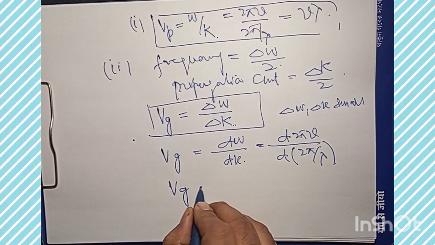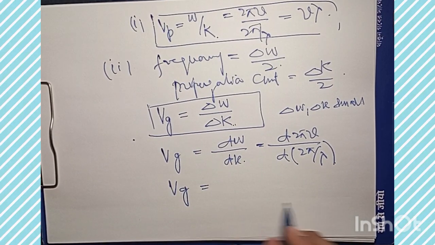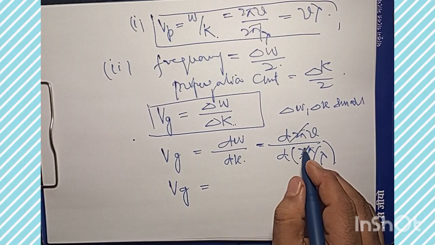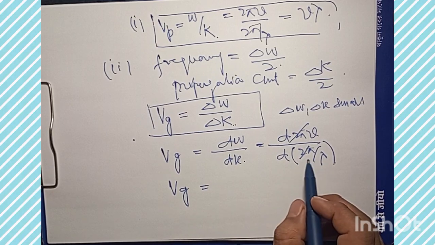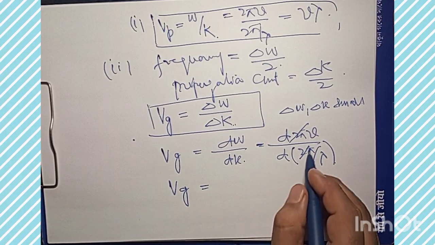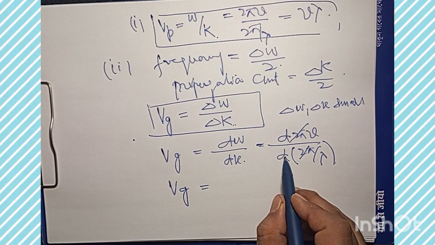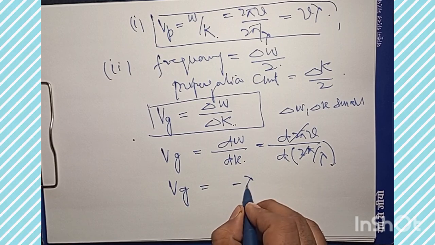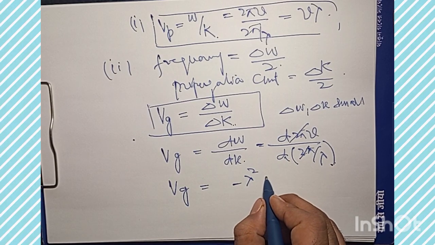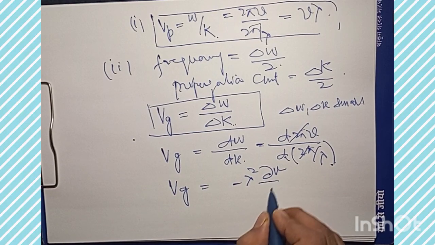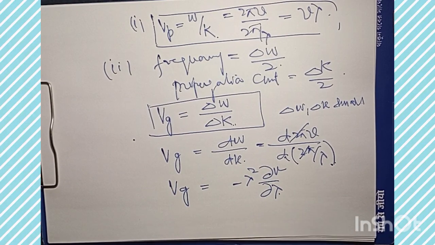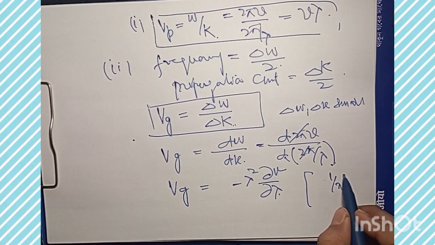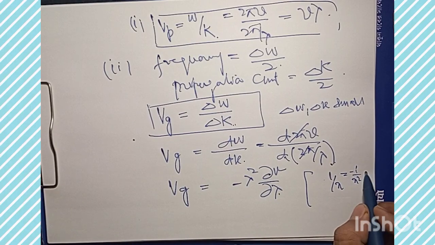So what we will obtain is the group velocity, the 2 pi and 2 pi will cancel. So if we write down this equation here, the differentiation of 1 by lambda will be minus 1 by lambda square d lambda, because if we have differentiation of 1 by x, that is minus 1 by x square dx.